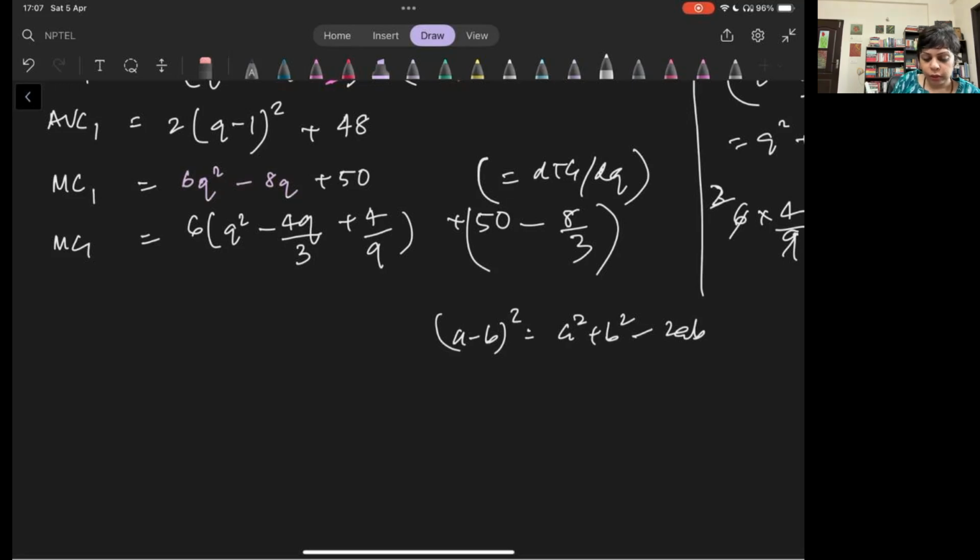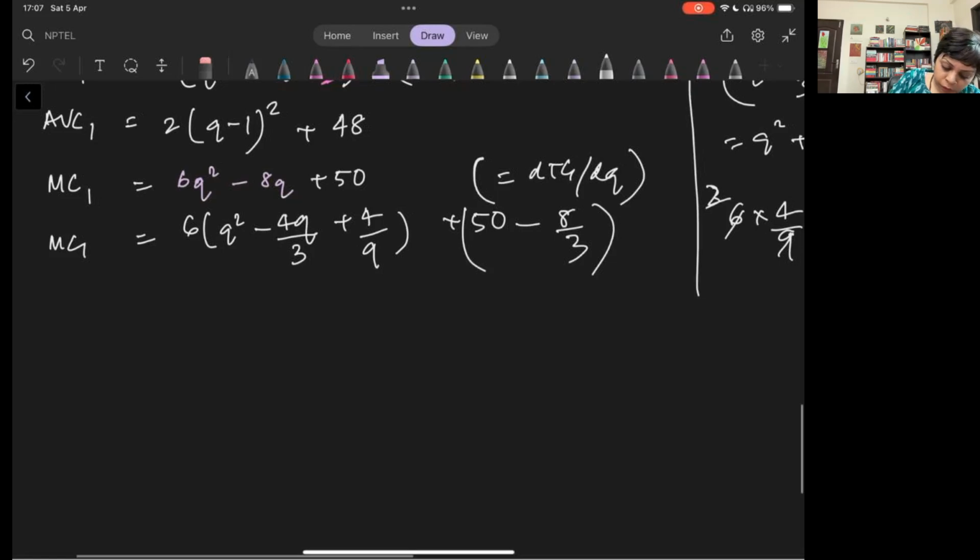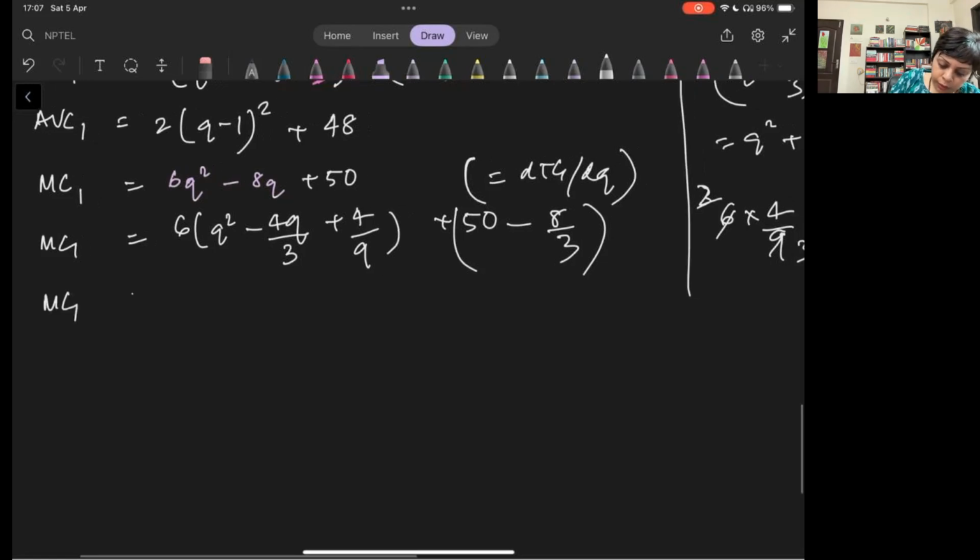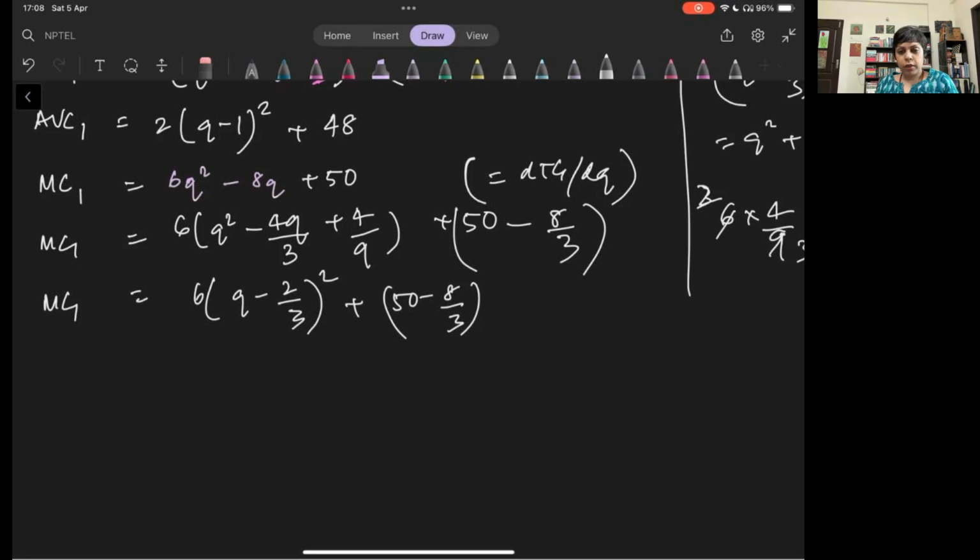Now I'm just trying to simplify the term and adding an equivalent quantity. If you're not convinced about this, you can try some other method. I'm just taking a shortcut so we are not wasting time on taking a partial derivative and so on. It's (q minus 2 by 3) whole square plus, now I'm just leaving this as, 50 minus 8 by 3. You can compute whatever this comes out to be.